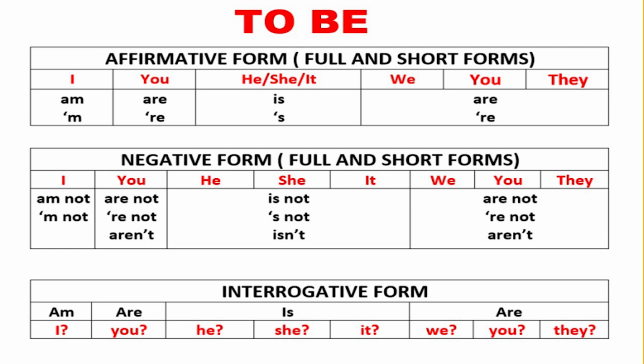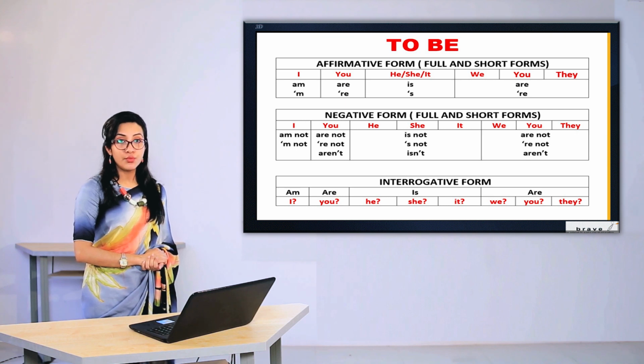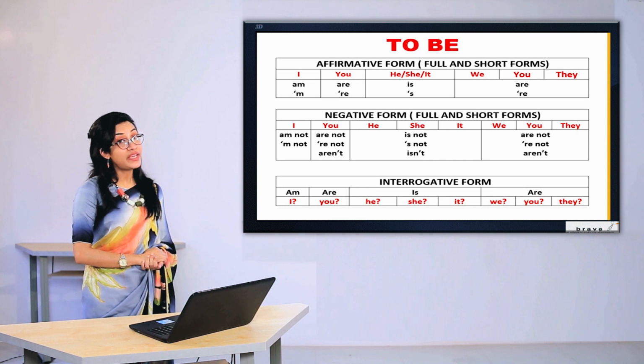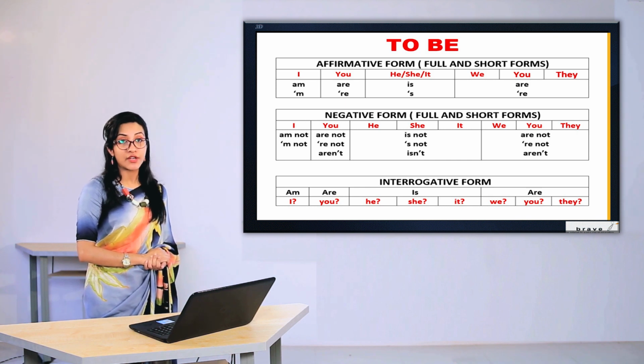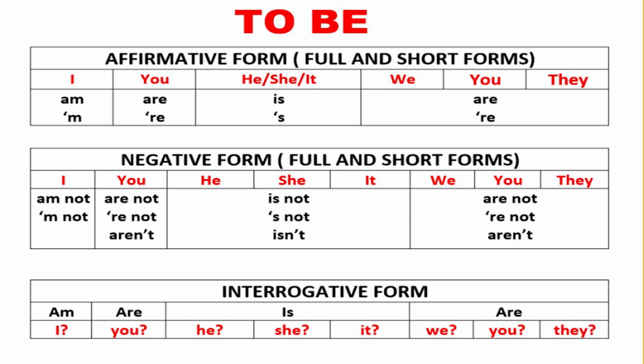If you use the short form or the contraction form, do not forget to use the apostrophe. Now moving on to the interrogative form, or simple present tense being used in interrogative sentences. If we use the to be verb in interrogative sentences, we are going to put the to be verb at the beginning of the sentence so that we can pose a question. For example, am I, are you, is he, or is it.